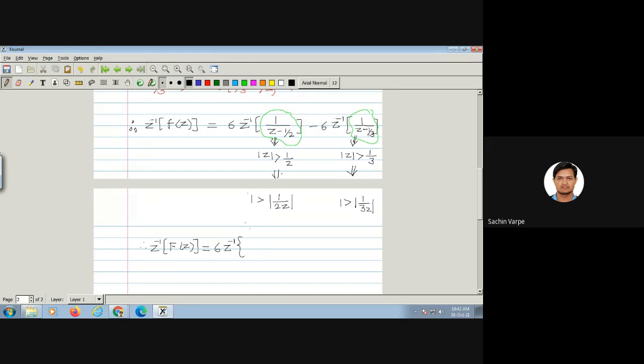I'll have to take z common, from this 1 by z into 1 upon 1 minus 1 by 2z. And here minus 6 inverse Z transform of, curly bracket is complete here, again z common, so 1 by z into 1 upon 1 minus 1 by 3z.